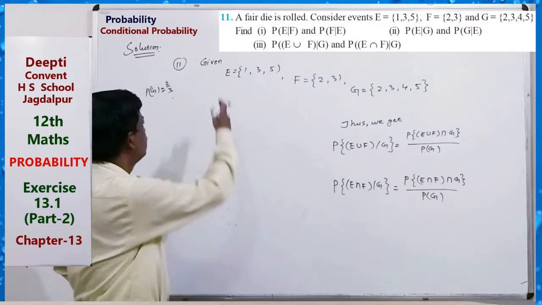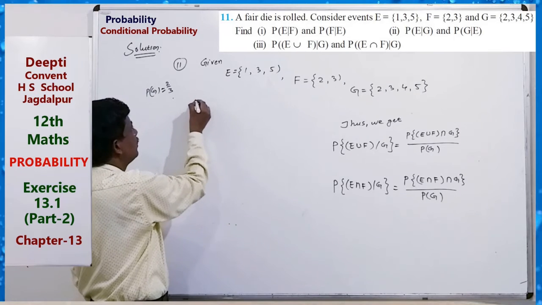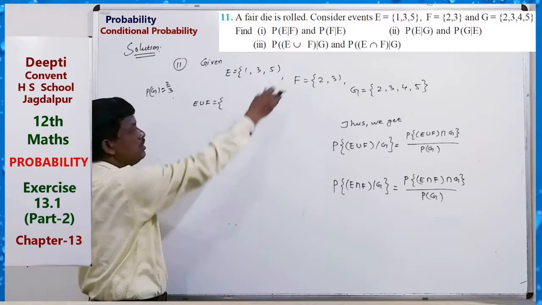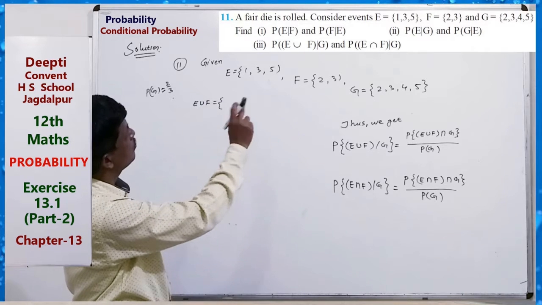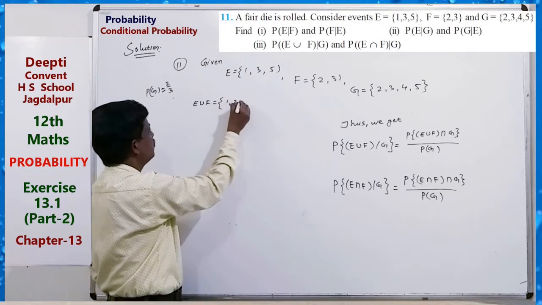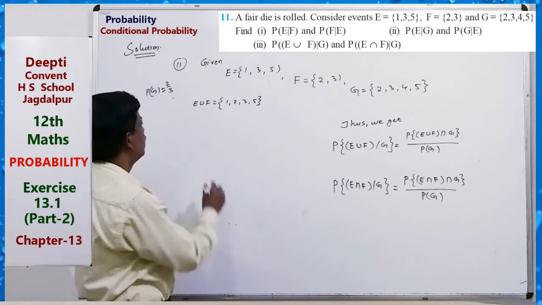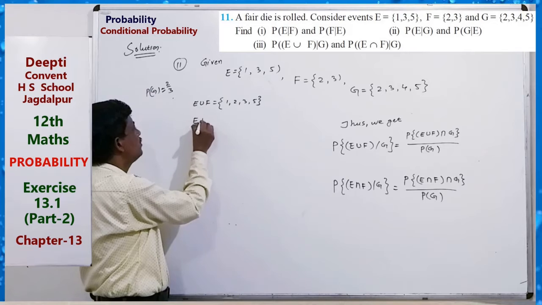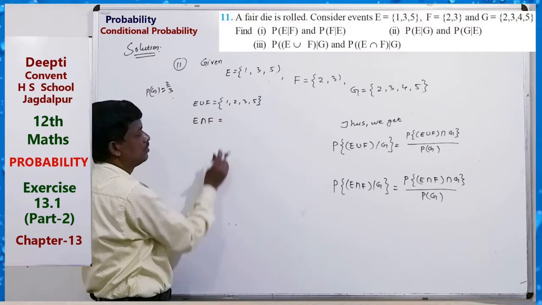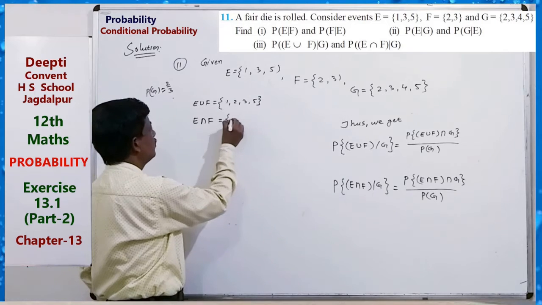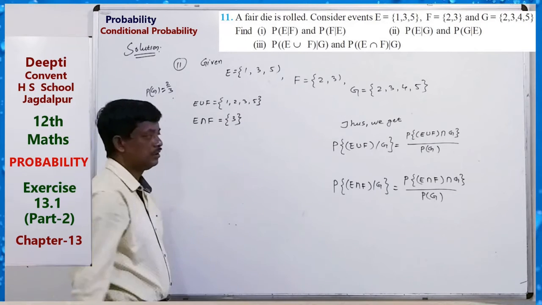Clear? So how? Here E union F we can find: 1, 2, 3, 5. Just find this union. And also E intersection F, we see that what? Only 3. Clear?